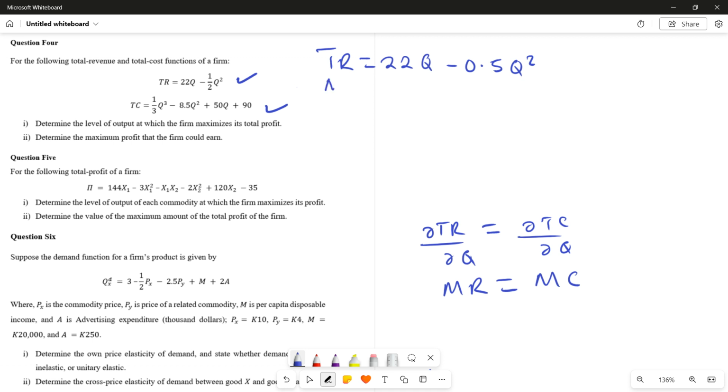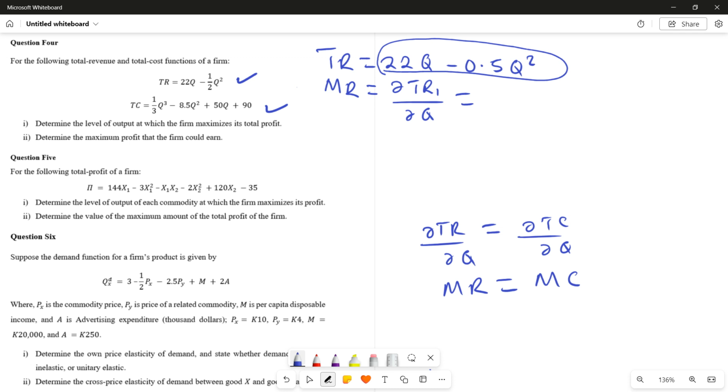Therefore, to get our marginal revenue, we have to differentiate the total revenue function with respect to Q. So marginal revenue will just be the derivative of the total revenue function with respect to Q, which means that we have to differentiate this term with respect to Q. Let me do this one more time.